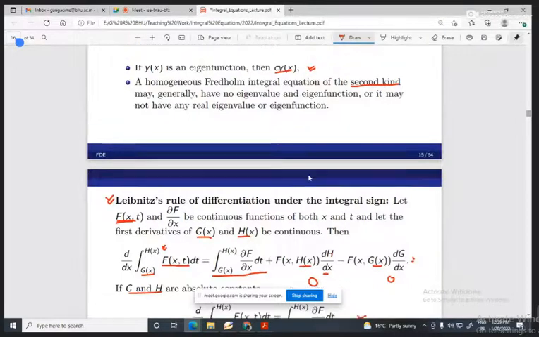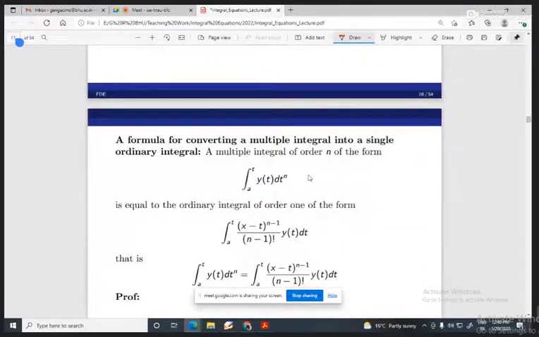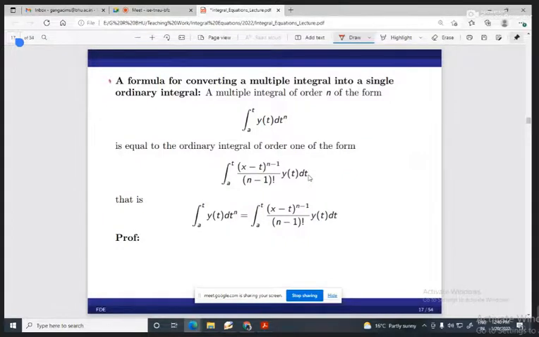Now we move to a very important formula which is used to convert a multiple integral to a single ordinary integral. Basically this formula says that suppose we have a multiple integral of order n, also called an n-fold integral, from a to x of y(t) dt to the power n.